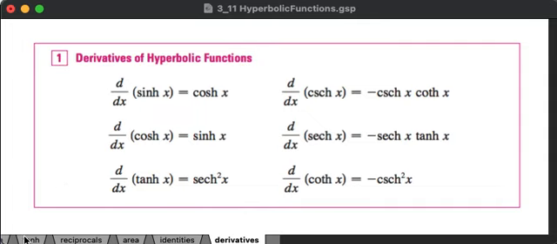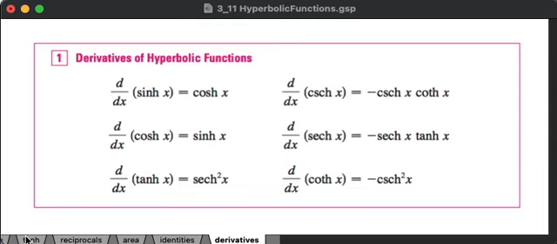In this section, I think it's important to see that these functions exist, and to also recognize that making these even and odd functions is a thing you can do with any functions. But also that these hyperbolic functions will actually appear occasionally out in the real world.